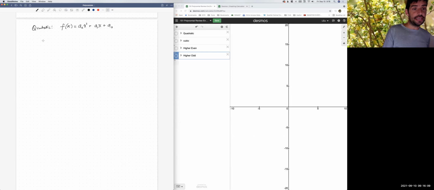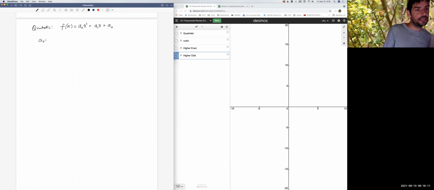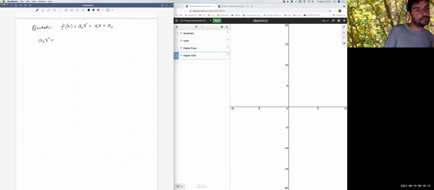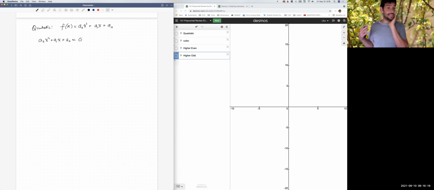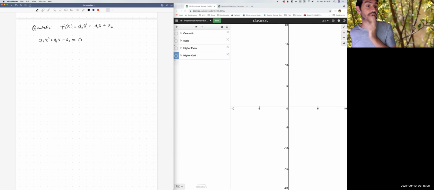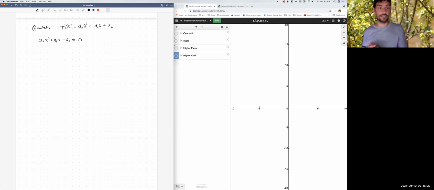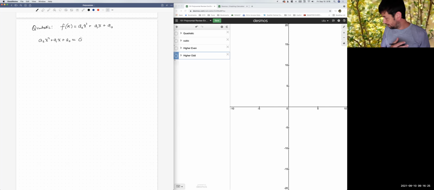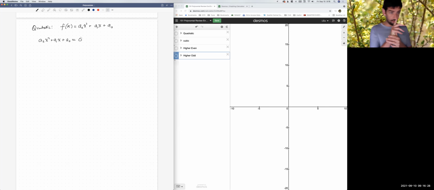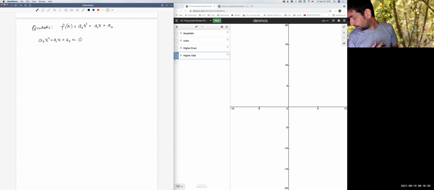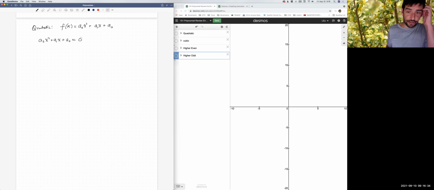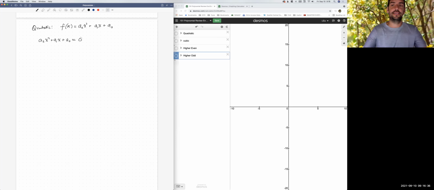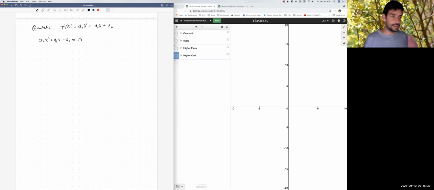And so to find the intercepts for this one, we need a2x squared plus a1x plus a naught equal to 0. This is less easy, right? This is a less easy problem to solve, but it's not unsolvable. I think we should go ahead and do it. You might know the answer to this. The quadratic formula is pretty famous, but let's go ahead and go through the exercise of finding that result, right? It's not a bad thing to know how to do.